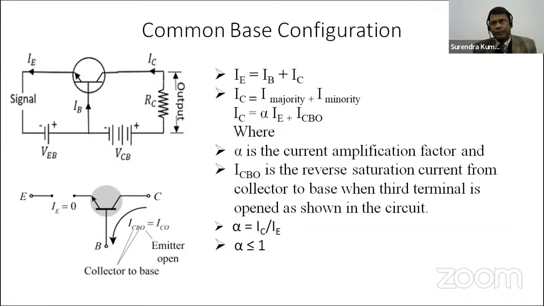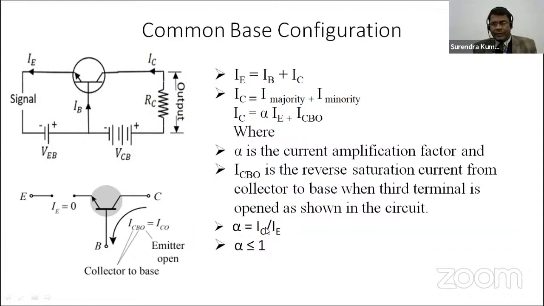The range of base current is in microamperes, and the emitter and collector currents flow in the range of milliamperes. So the difference between collector current and emitter current is very small.